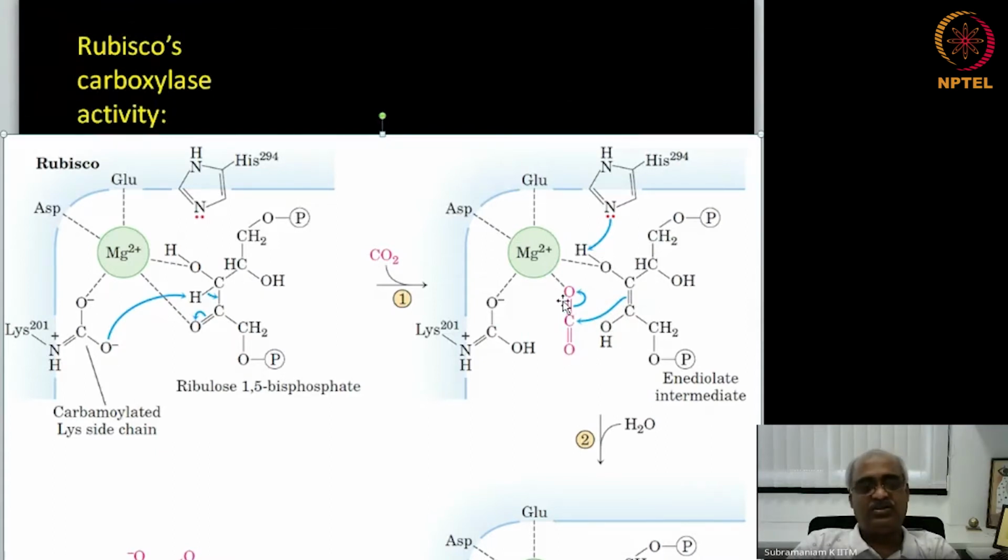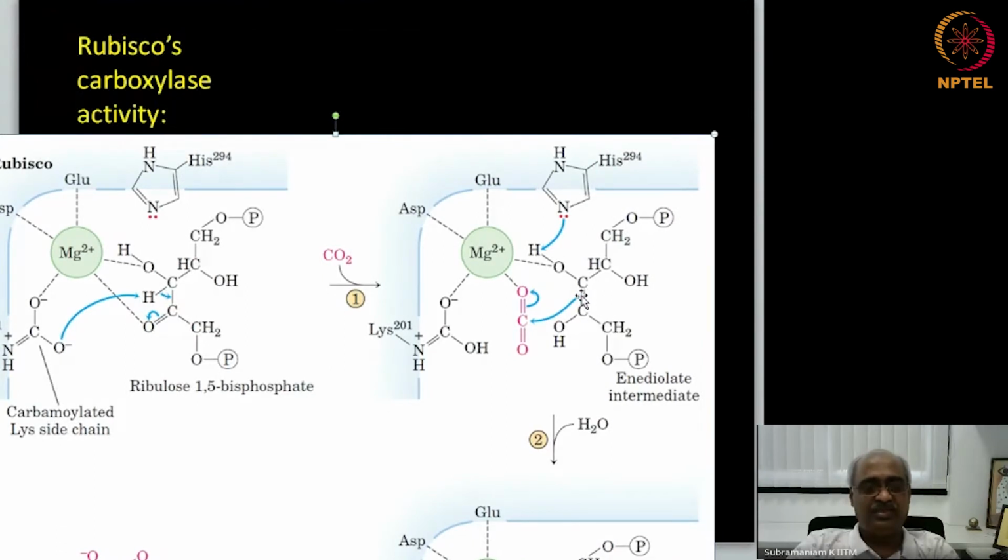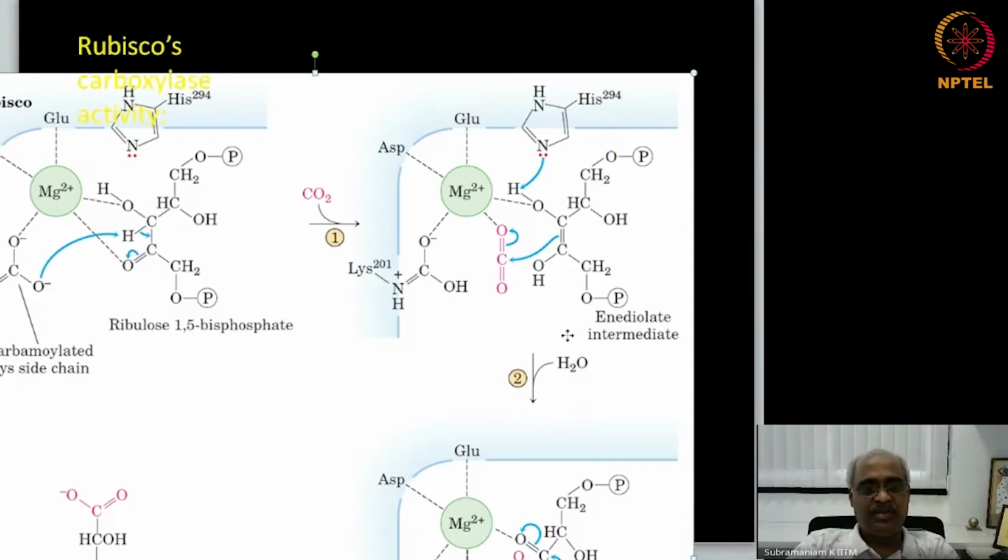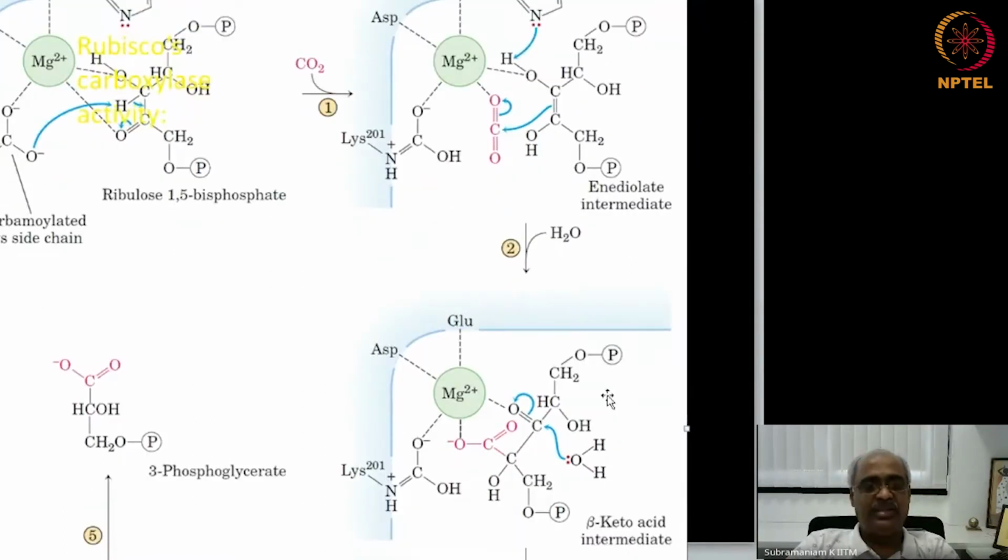So that allows carbon dioxide to be coordinated with the magnesium here. And now you see this acts as a base, a general base catalysis, and that aids in the electron transfer in these forms. And so this double bond is where it is broken, and this carbon is going to attach to this particular carbon. Okay, and the double bond is going to shift to this side, and that leads to a keto acid intermediate.